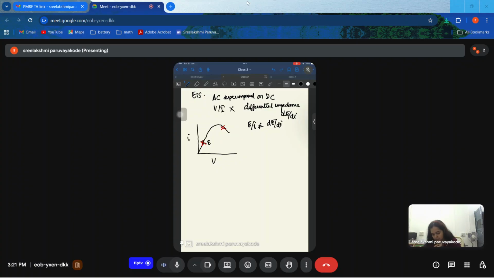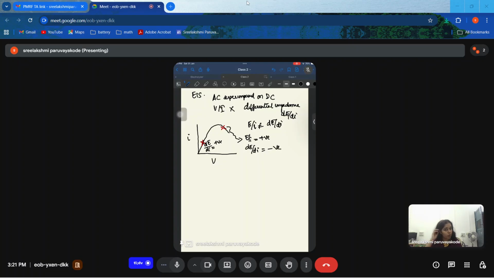At this point, dE by dI is going to be a positive value. Now, if I go to this other point, E by I is going to be positive, but what about dE by dI? It's going to be a negative value because the slope at that point is negative.